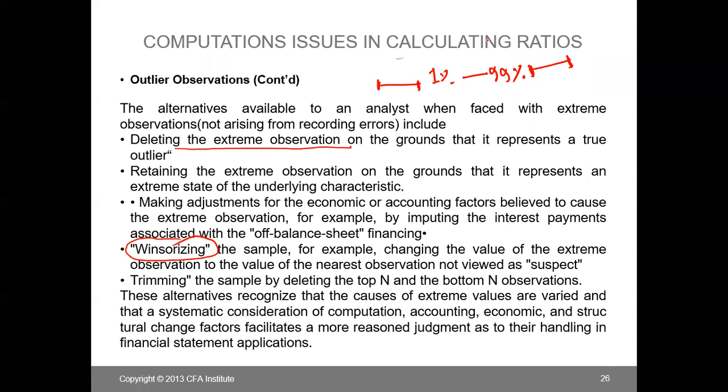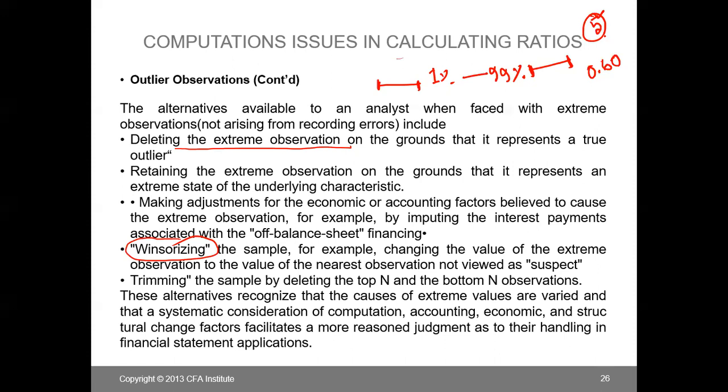Winsorization is a technique that applies to any number, it can be a financial number or it can be a ratio. Say the 99th percentile of the return on equity is 60%, and your extreme outlier of return on equity is 5.